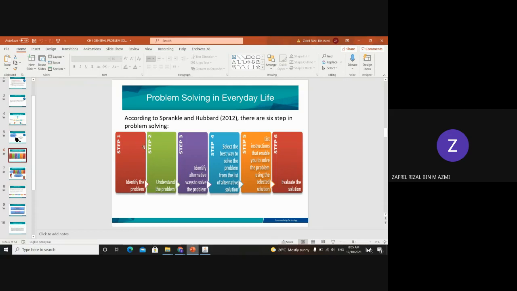But the one that you need to memorize in this chapter is these six steps. First, identify the problem, understand the problem, identify alternate ways to solve the problem, select the best way based on the alternate solutions that we provide, and then list instructions that enable you to solve the problem. So this is the solution, and then finally evaluate the solution.